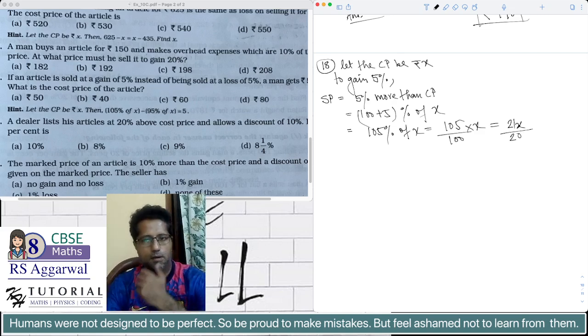So assuming the cost price to be X, the selling price will be 21X by 20 to make a gain of 5%.